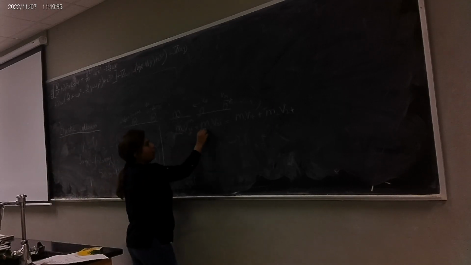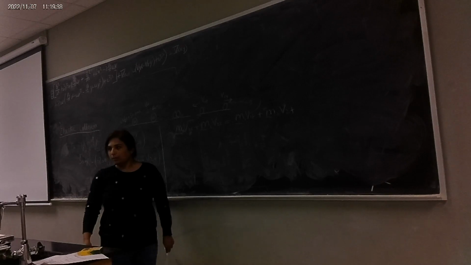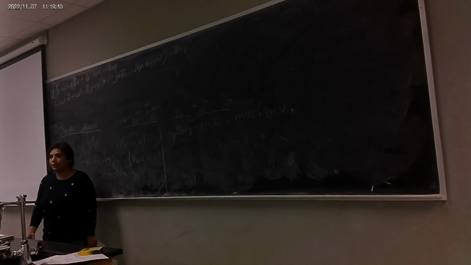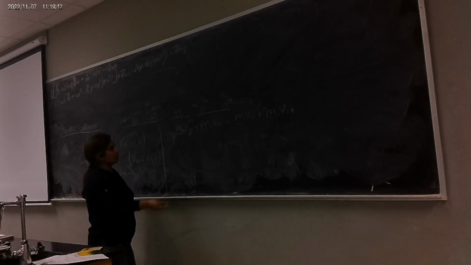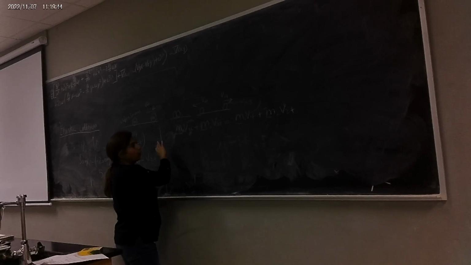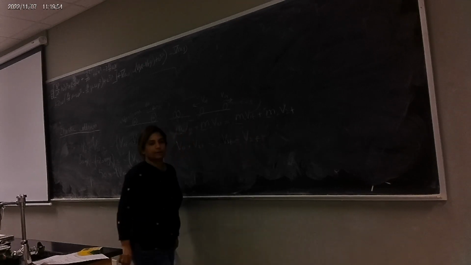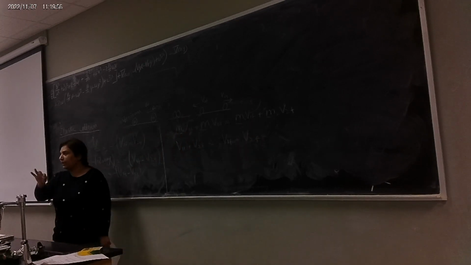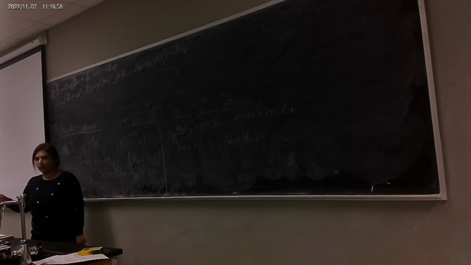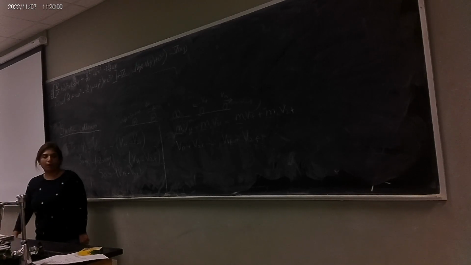Now the m's are all the same. They will get cancelled in this case. So I'm going to take away all the m's: v1I plus v2I equal to v1F plus v2F. Everyone understand why the m's are gone?